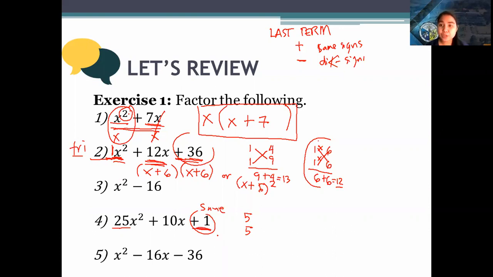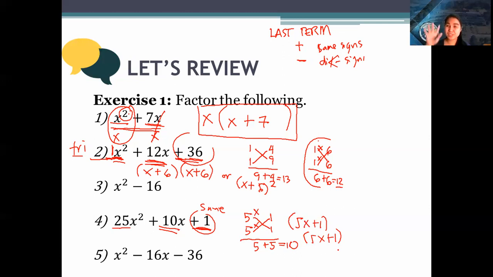What are the factors of 1? 1 and 1. Let's cross multiply. 5 times 1, 5. 5 times 1, plus 5. The answer is 10. Very good. It's the same with our middle term. So what will be the factors? You write x and x. 5x plus 1. The other is also 5x plus 1.